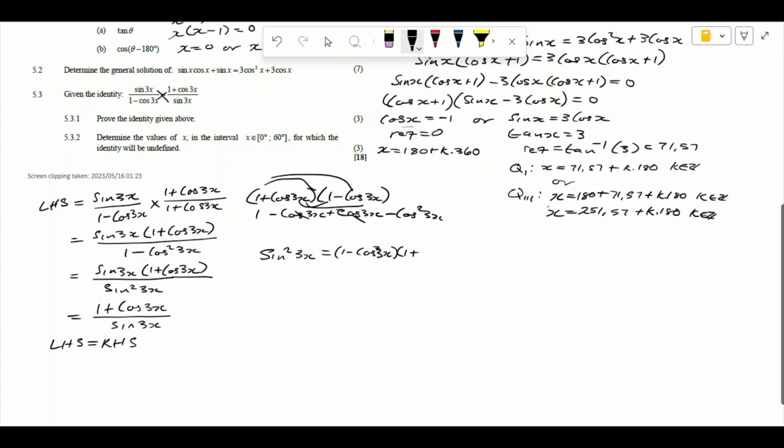That's what I would do, and this would be my new left hand side, and this would be my new right hand side. Then I would simplify the right hand side using the FOIL method, which is 1 minus cos squared 3x, which is equal to sine squared 3x.